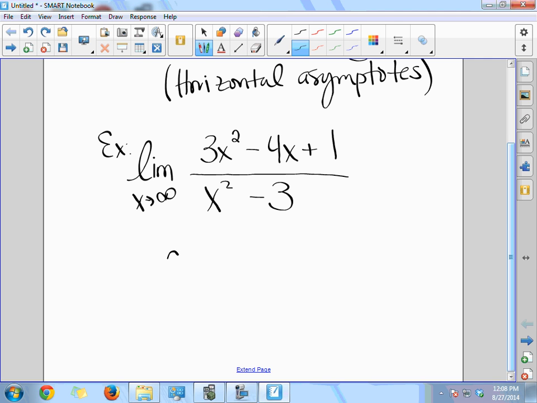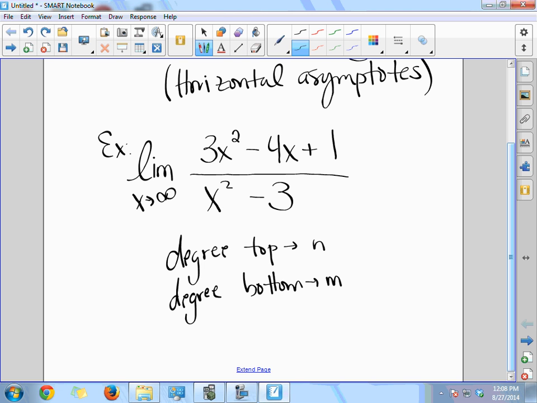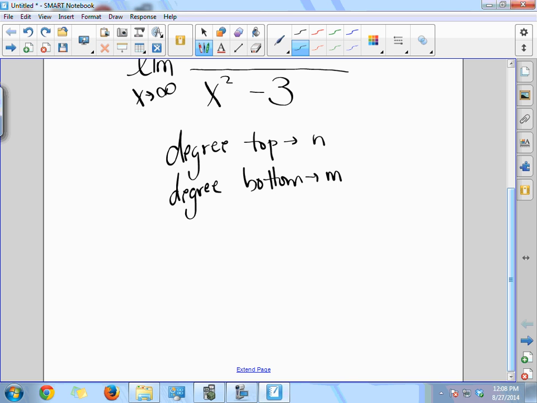So let's say the degree of the top is n, and the degree of the bottom is m. Then here's what happens. If n is greater than m, the degree of the top is greater than the degree of the bottom, then you have no horizontal asymptote.